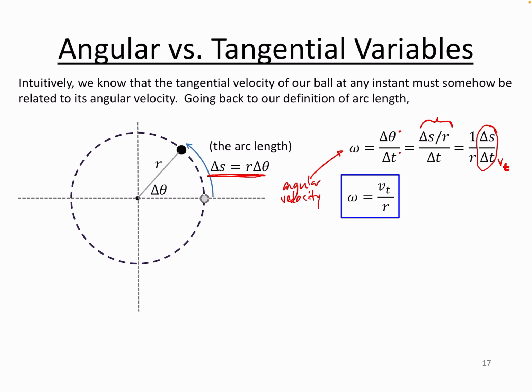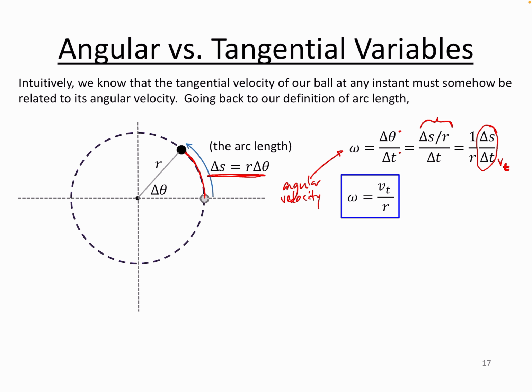It tells you how quickly you would cover that number of meters. So if delta s is 5 meters and you cover it in 1 second, then your tangential velocity is 5 meters divided by 1 second, which is 5 meters per second.